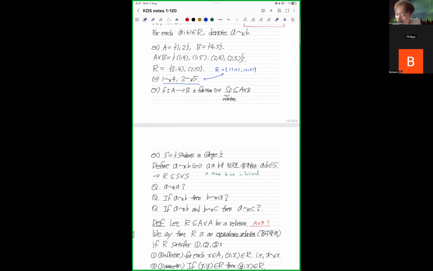It's about extracting information about two specific elements. If you just write 2 ~R 5, it's enough to show that 2 is related to 5, but it doesn't matter whether other elements are related to some other number. So you can extract only the piece of information that you need and ignore the rest of it.